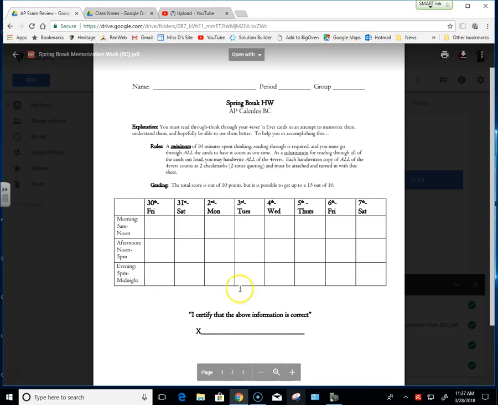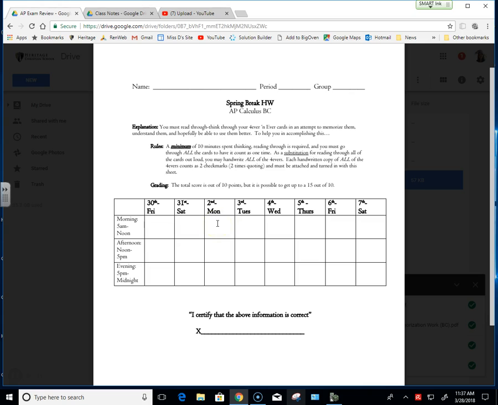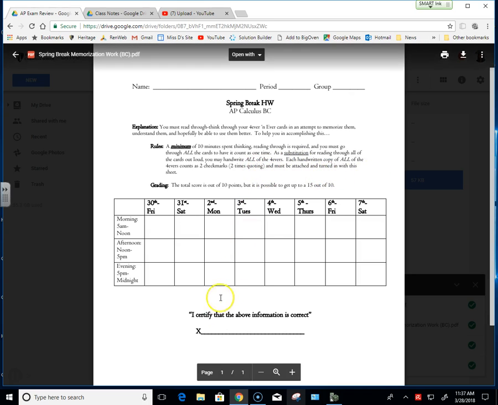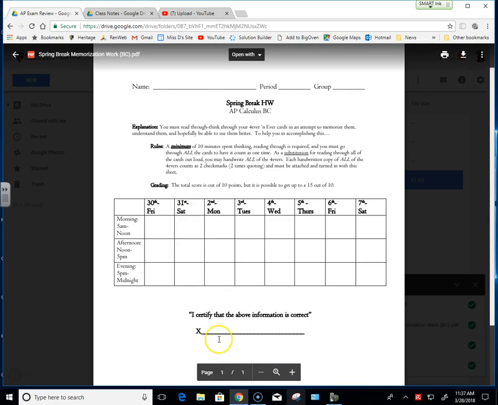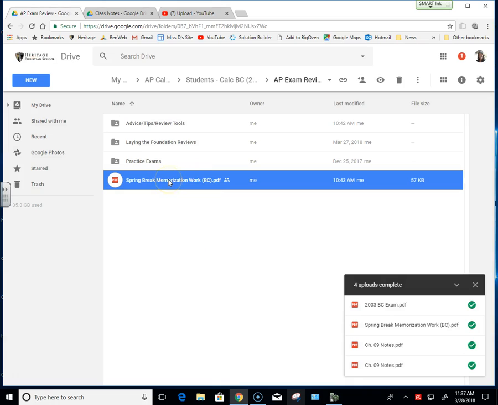Remember, if you do decide to handwrite them, it counts towards double. Double quoting, and has to be attached in order to count. The check marks are strictly showing quoting, and there's your little integrity statement at the bottom. If you're gone tomorrow, print it out and you can still use it. That's due the Monday after spring break.